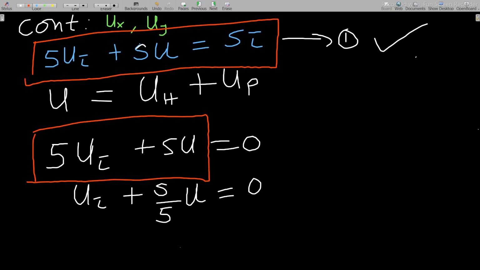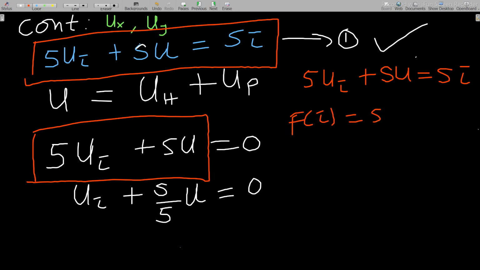Now let's look at a particular solution. The particular solution is found by considering the function that is at the right side of the ODE. The ODE is 5 u tau plus s u should be equal to s tau. Now the function at the right side in terms of tau is f of tau equal to s tau.